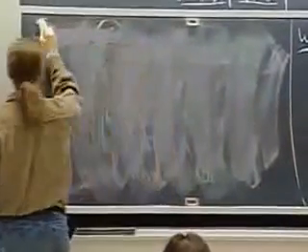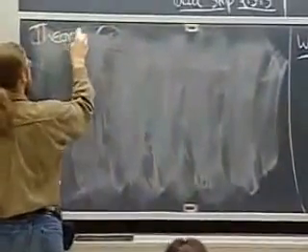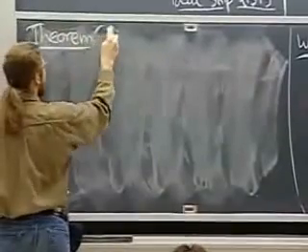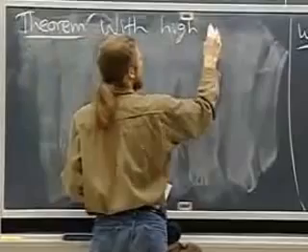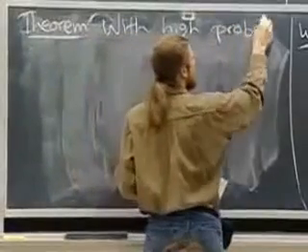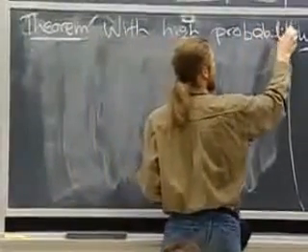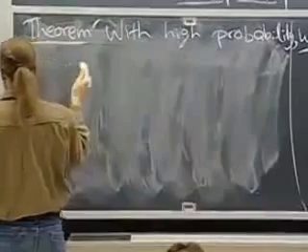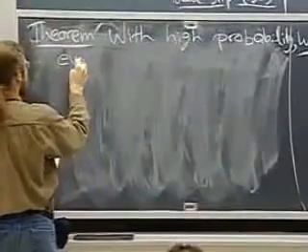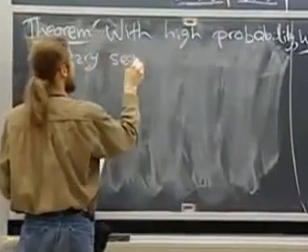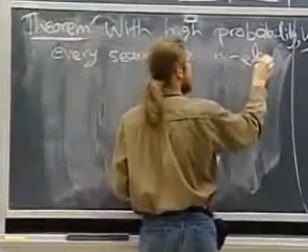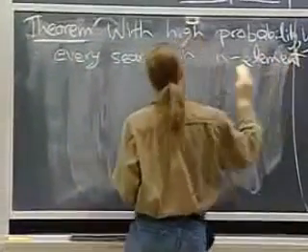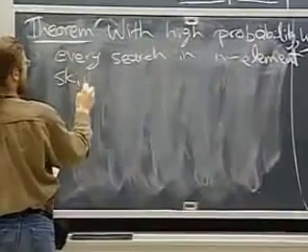So here's the theorem. Let's see exactly what we're proving first. With high probability, this is a formal notion, which I will define in a second, every search in an n element skip list costs order log n.